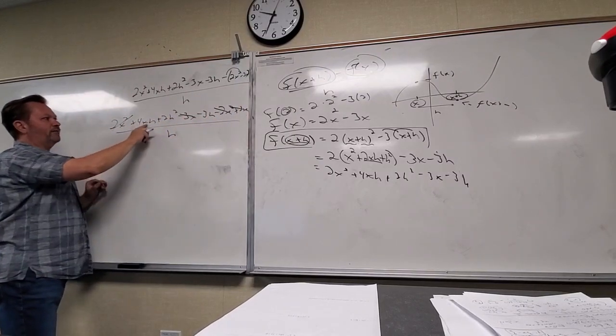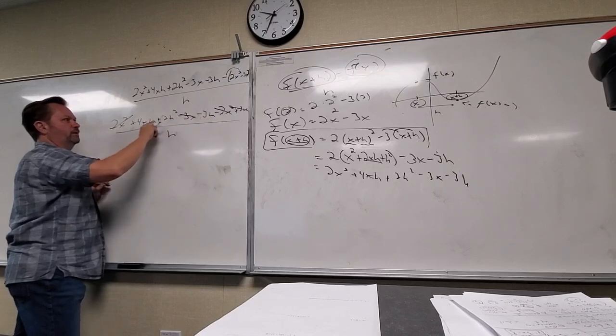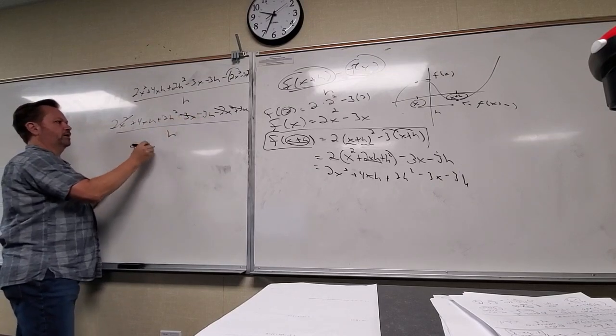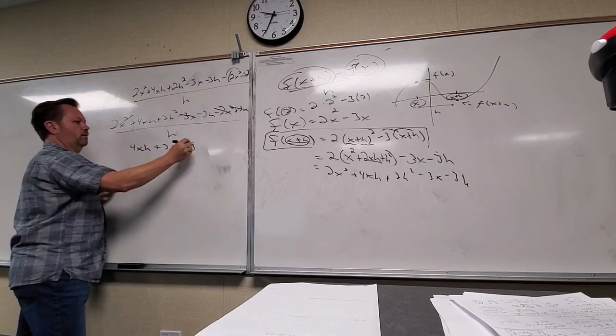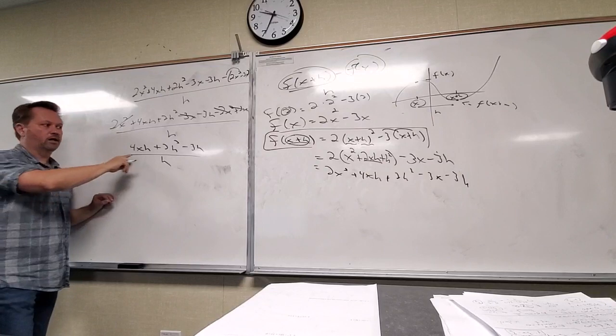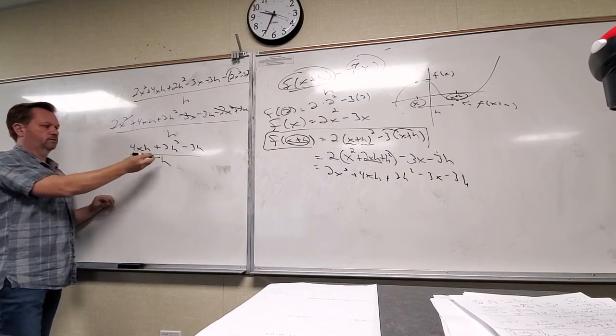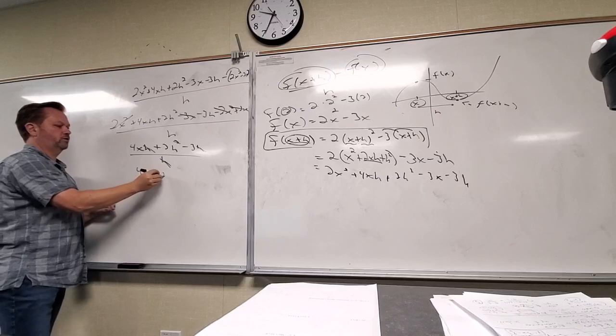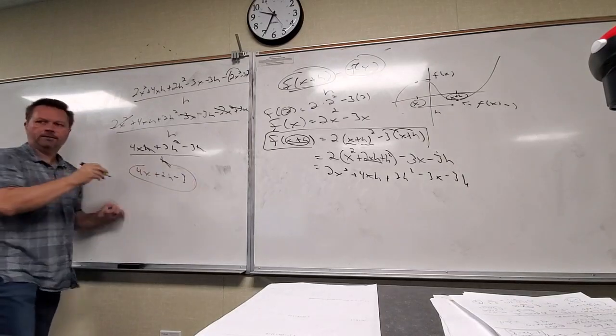And everything that's left, what's the same in all the things that are left? H. They all have an h in them, yes? And I'm dividing by what? H. So then what can I do? Since they all have an h, take all the h's out. I can kill an h out of everybody. So then I get 4x plus 2h minus 3.